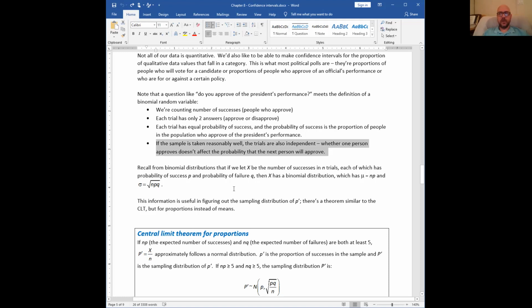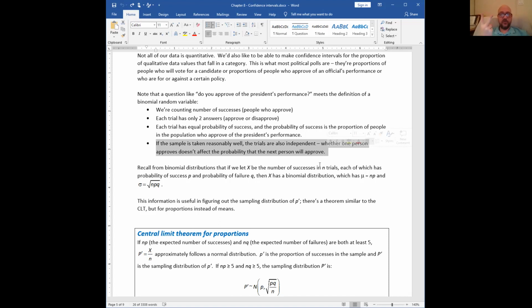In general, most polls, at least by professional polling firms, are done over the phone still. And people's cell phone numbers are not available to be robocalled.